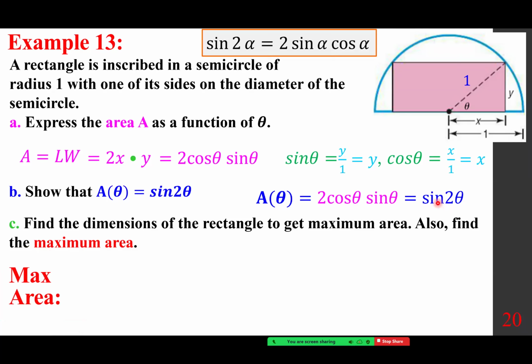The maximum area is when sine 2 theta is equal to 1, because the area is sine 2 theta. So when would that be? When 2 theta is pi over 2, because sine of pi over 2 is 1. So theta must be half of that, pi over 4, or 45 degrees.